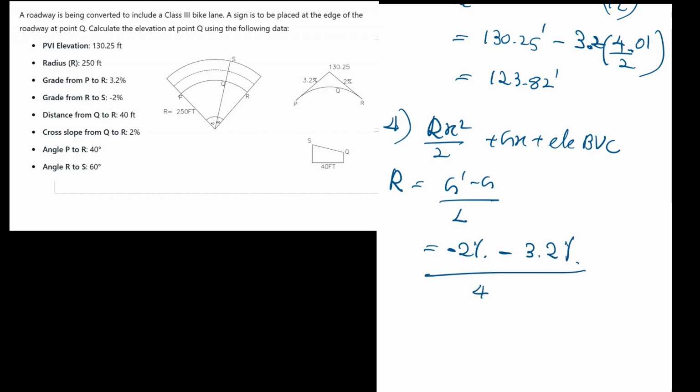So instead of using percentages here, I will have it like this, and then we will get our number, which is negative 1.29.